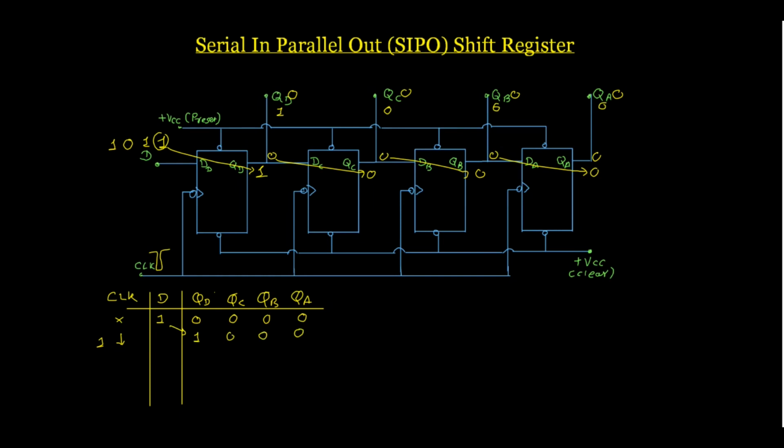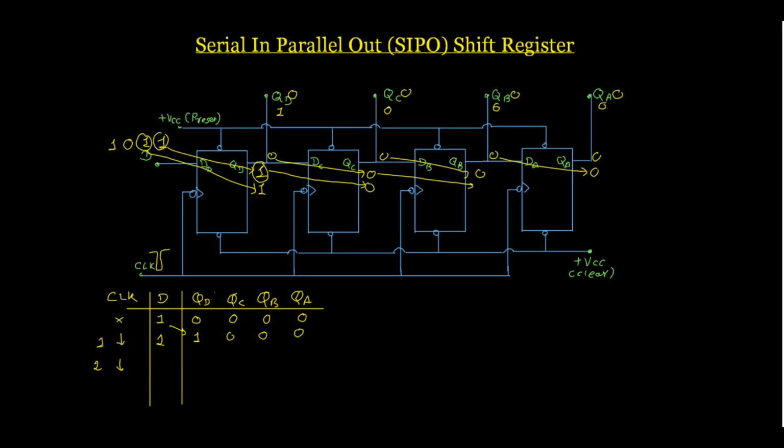But meanwhile, the second bit is also present at the input of the D flip-flop. Now, when the second negative edge comes, this 1 is going to appear at the output of the D flip-flop, and this one appears at the output of the C flip-flop.